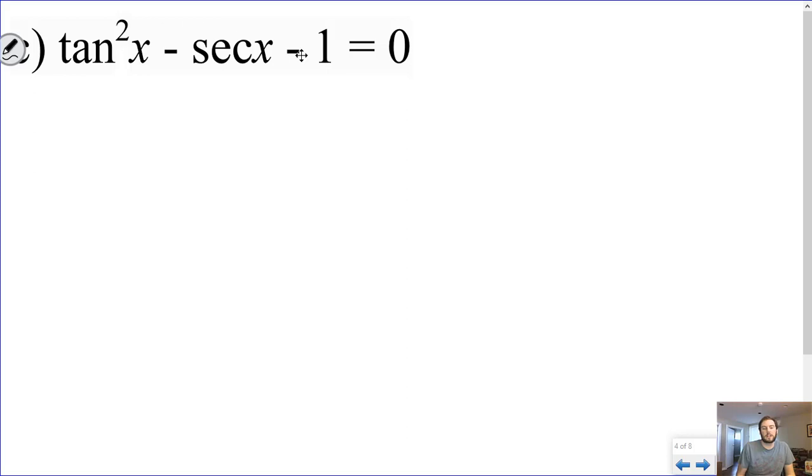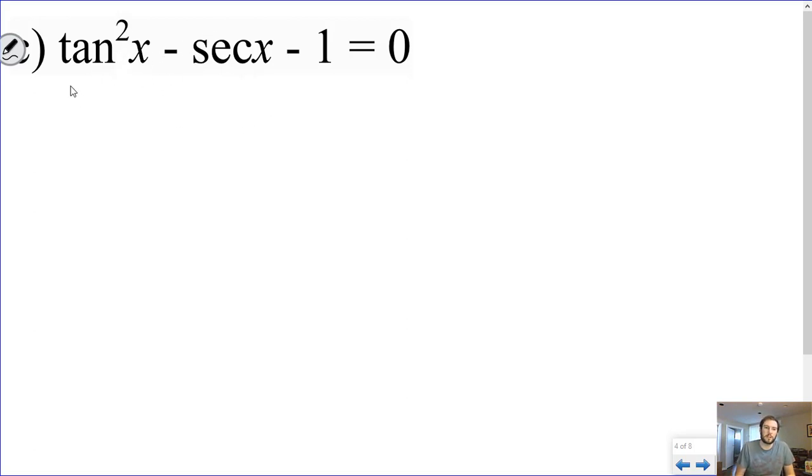Now we get into these questions where it's like, wait a second, I've got tans and I have secants. So how do I deal with a question like this? What we need to do is think back to our identities. We don't want multiple trig functions in here if we can help it.